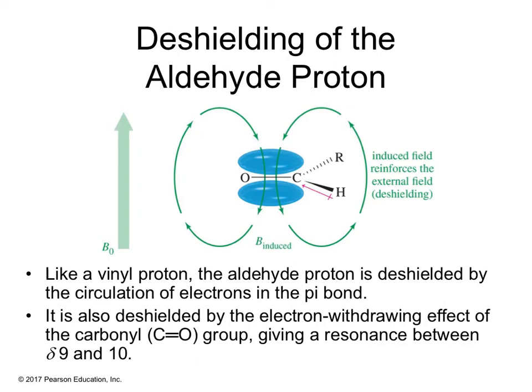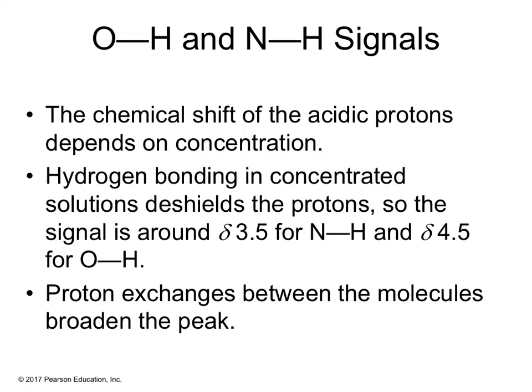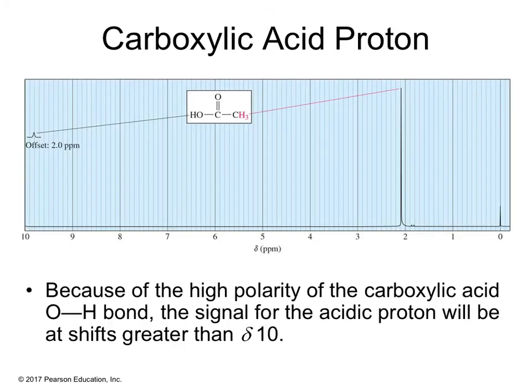Aldehyde proton has, because of the carbonyl, and that resonance will show up all the way at 9 to 10. Okay, so the acidic protons depend on concentration. The signal can be anywhere from 3.5 to 4.5, but the peaks exchange, so the integration is not always going to be correct, and it's going to be variable.